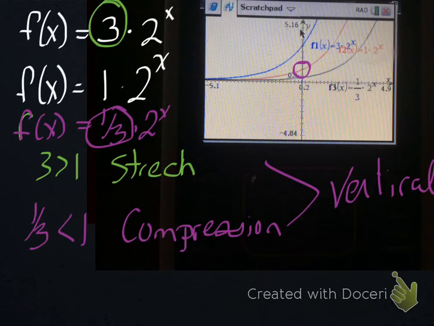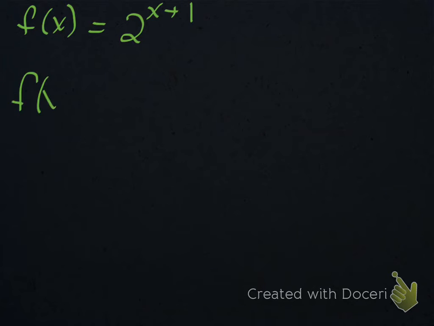And so on this next one, we're going to look and see what happens when I do f of x equals 2 to the x plus 1 in the exponent, and f of x equals 2 to the x.